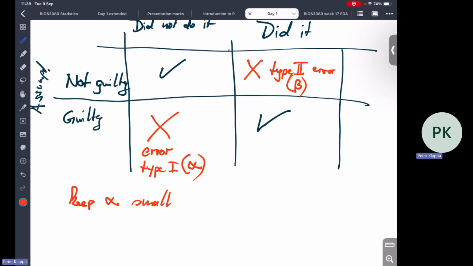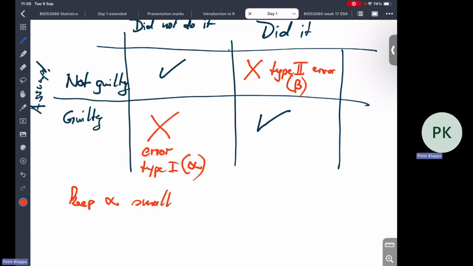In the jury system, usually keep alpha small means we only make a wrong decision, say, every 1,000 times, let's say. Very rarely will we convict somebody who is not guilty.